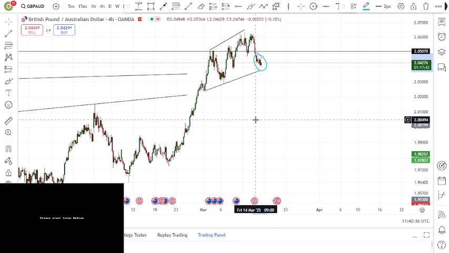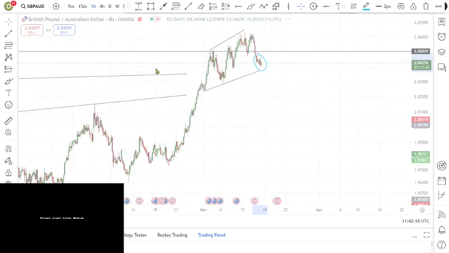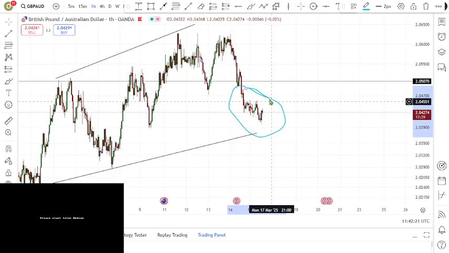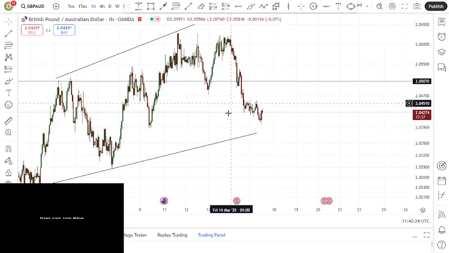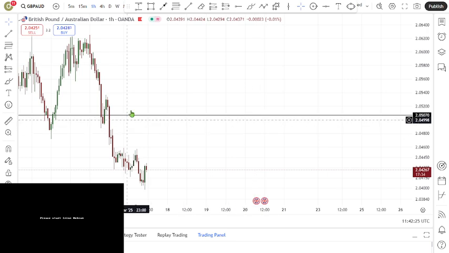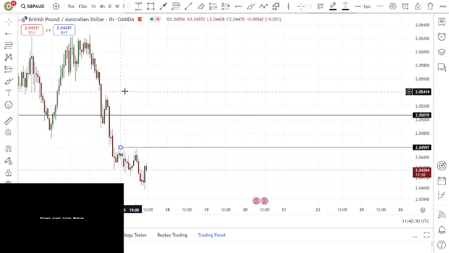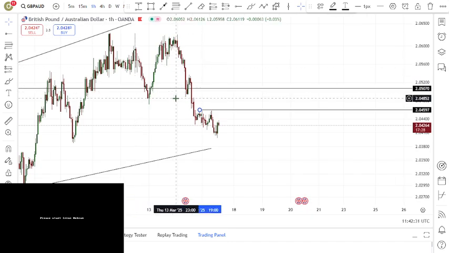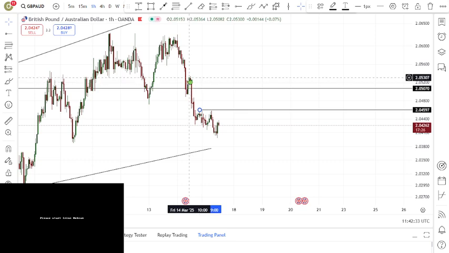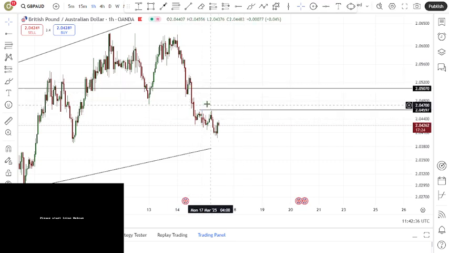Let's look at how I form it on the 1 hour. This is an unstructured 4-hour pattern, and now our correction is forming to the downside. On the 4 hour we can see the price drop impulse. In the beginning we had this move here and a price drop here.